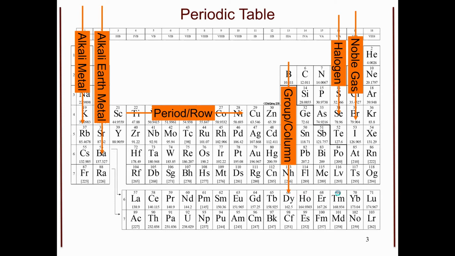The lanthanides are a special name, and that is the first row separate down at the bottom. It's actually supposed to be located right next to barium at element number 56.